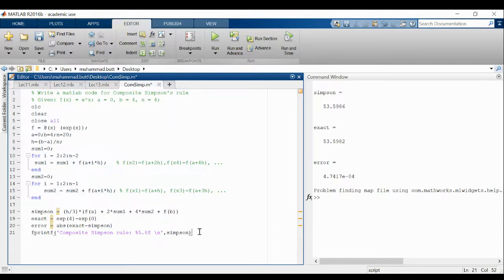This is one way, and similarly you can write the next one. You don't need to write it again and again, you just copy this.